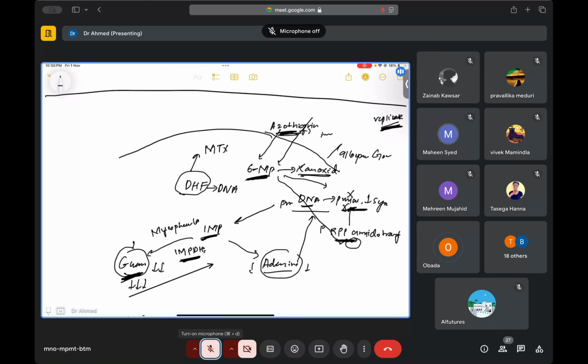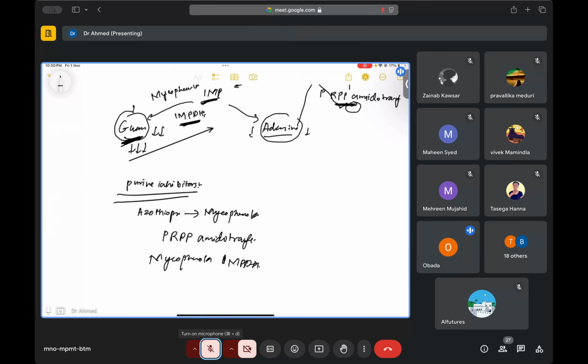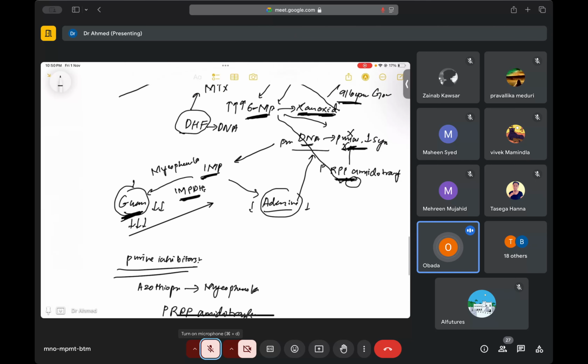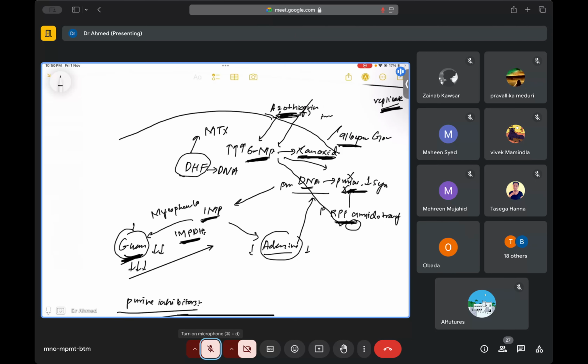If a person has gout and I'm giving him allopurinol to inhibit xanthine oxidase, and at the same time I'm giving him azathioprine, there is an increased chance of toxicity of 6-MP, right? You guys must know that. Also in tumor lysis syndrome, yes.